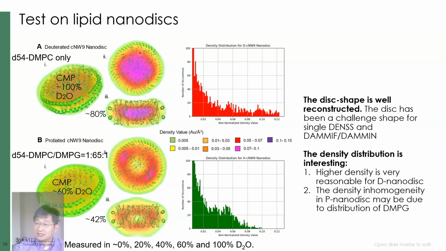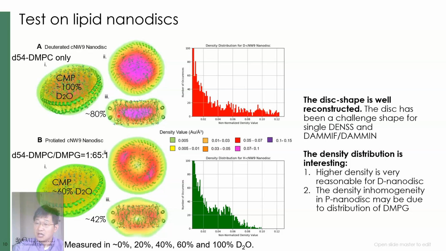The first nanodisk is deuterated membrane scaffold protein with deuterated DMPC. The contrast matching point of lipid is about 100% D2O, and the contrast matching point of the membrane scaffold protein is about 80% D2O. As you can see, the results reproduce the density distribution fairly well.